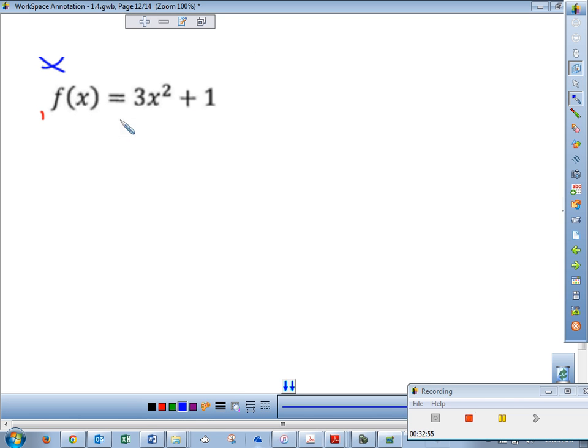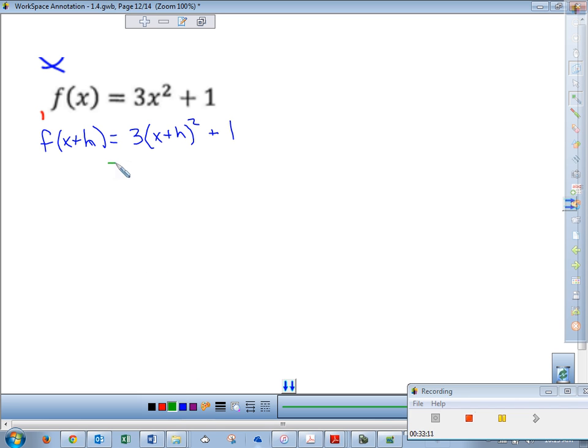This is one where I would rather work down instead of across. I made a mistake on the first one. I'm going to substitute in. Pretty simple right there. 3 is still in front, but now I need to square that binomial.